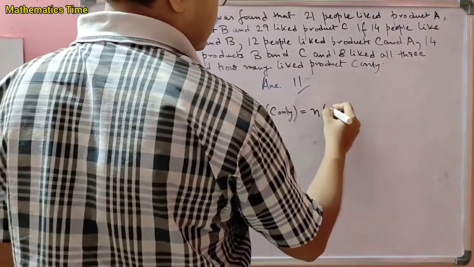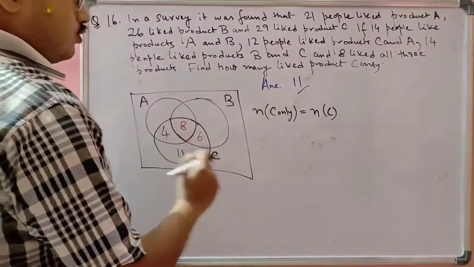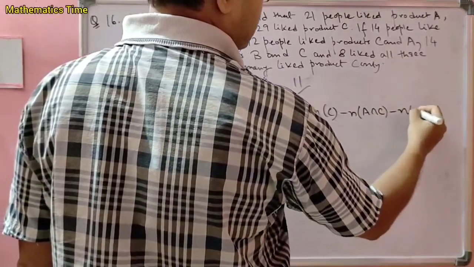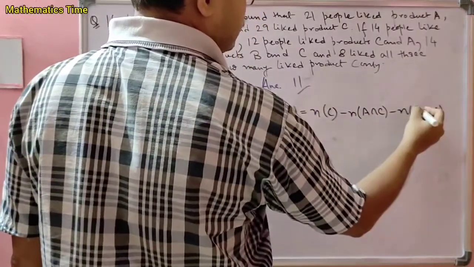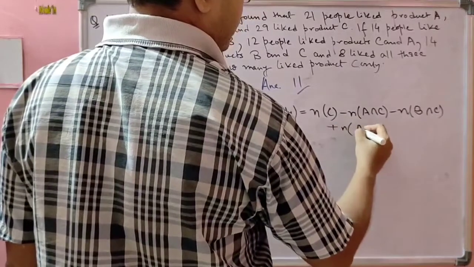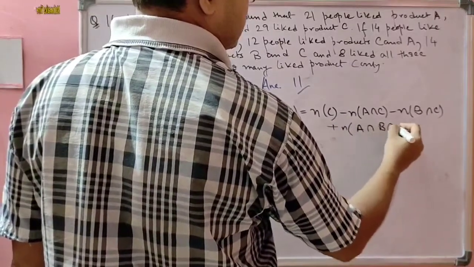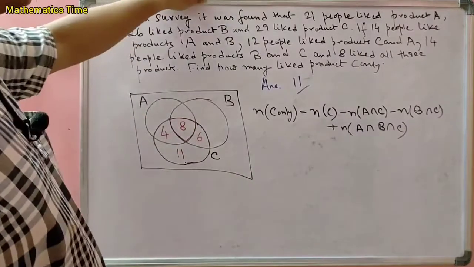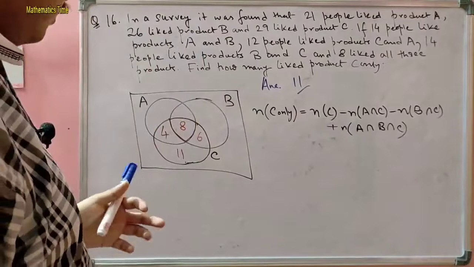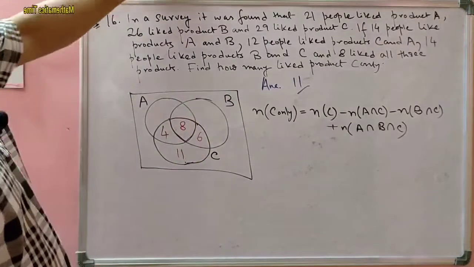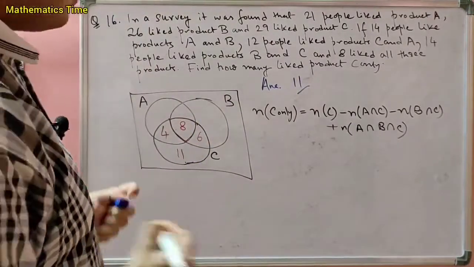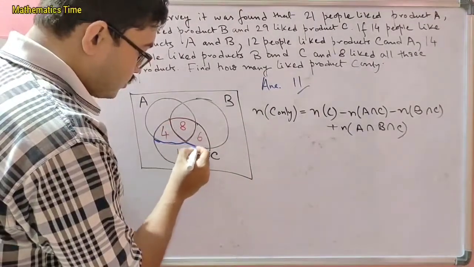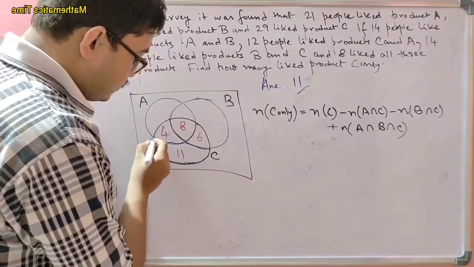The formula is n of C, the whole one, minus n of A intersection C, minus n of B intersection C, and plus we have to add the common one, n of A intersection B intersection C. If you don't understand why this is added, just like the previous one, you have to just focus on the diagram. Okay, now what are we calculating? We are calculating this portion. We have to calculate only this portion. Okay, this is n of C only.